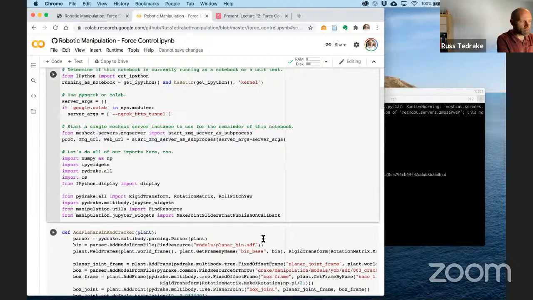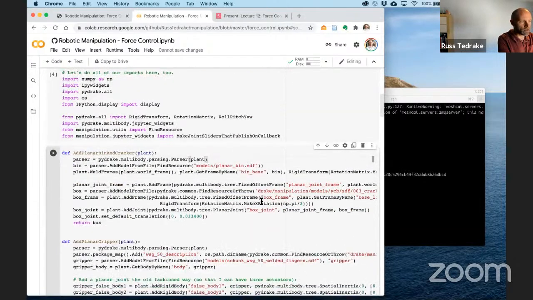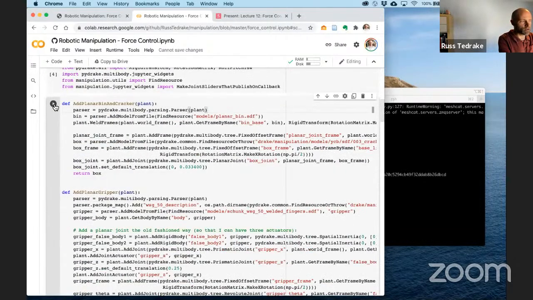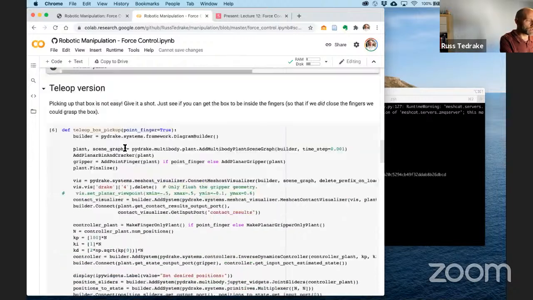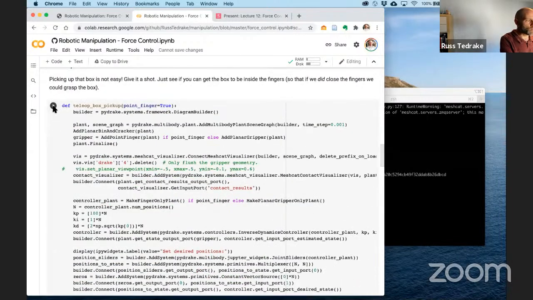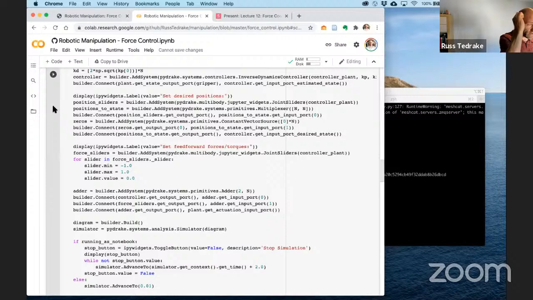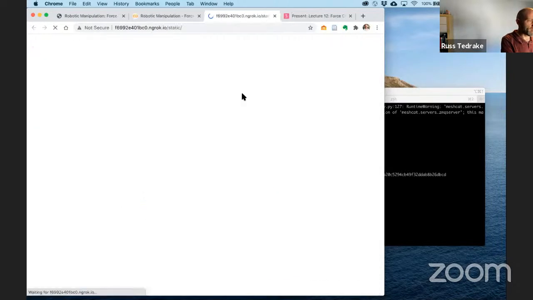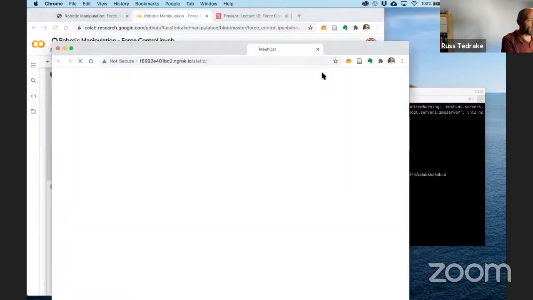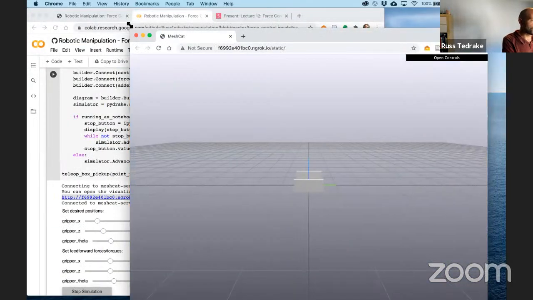I apologize, because I think we're going to change it. I put some of the definitions in the second cell. So you've run the first cell to load it, but please run the second cell once just to load the function definitions. Then we're going to run this teleop version together in a quick breakout. And I want you to think about what's happening and how you would write a controller to do it.